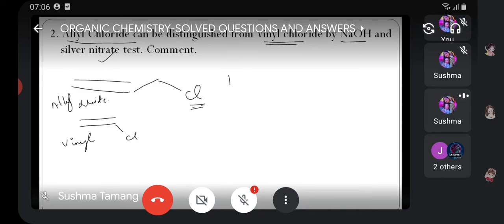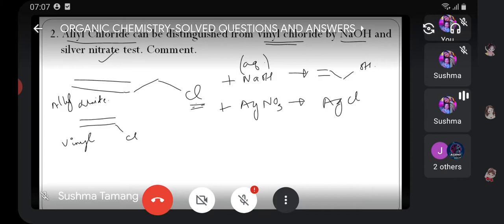Now whenever we react allyl chloride with aqueous sodium hydroxide, the chlorine gets replaced by OH. Then when the same compound is reacted with AgNO3, silver nitrate, we get silver chloride, a white precipitate.